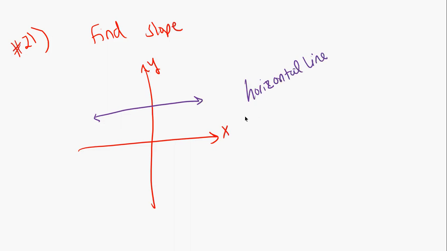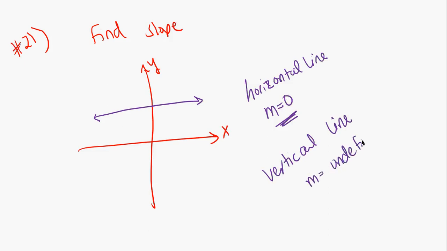So what is the slope of this? The slope of a horizontal line is always 0. If we have a vertical line, the slope would be undefined.